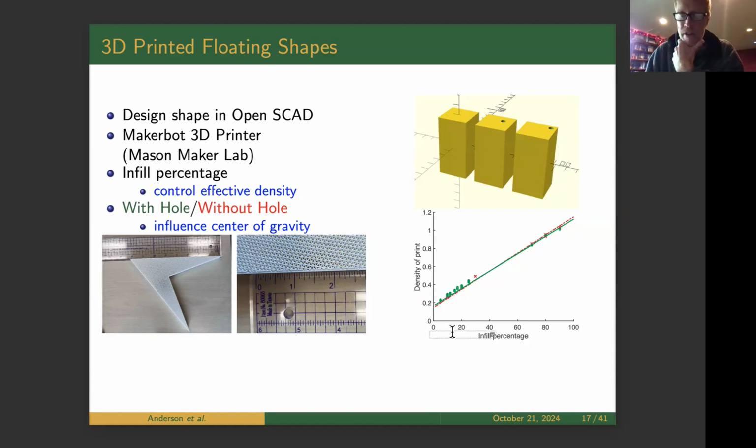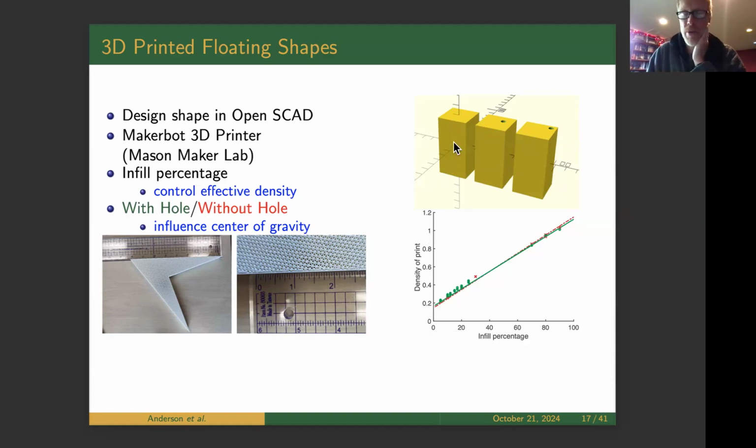The lowest infill we usually go is like 5%, up to about 90%. That covers a range of densities from 0.2 up to 1, and anything above 1 is going to sink in water. So it gives us a good range to play around with.